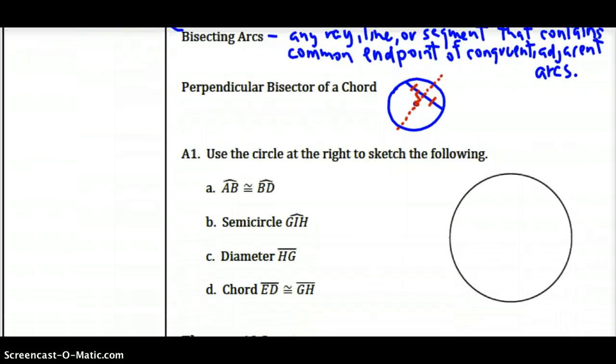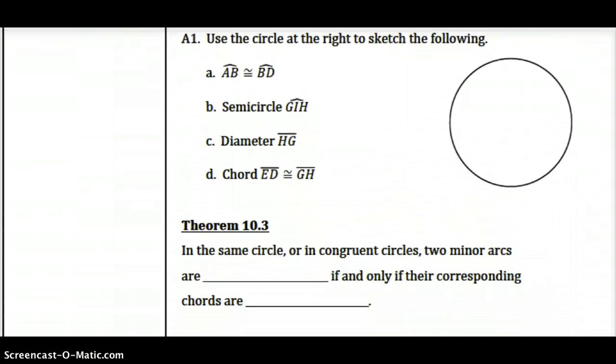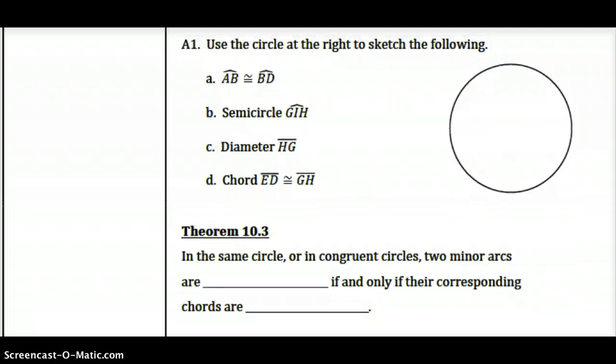A1. Let's go ahead here. They want us initially here to have two congruent chords with a common point B. So here's A, B, and D here. And all we'd have to do is say this is congruent to that. Okay. Semicircle GHI. Remember, a semicircle is half of a circle.